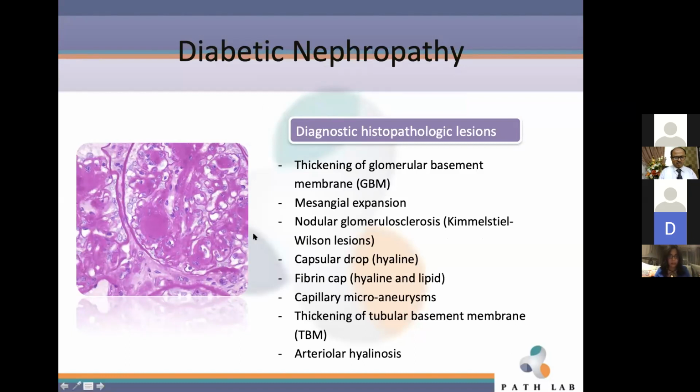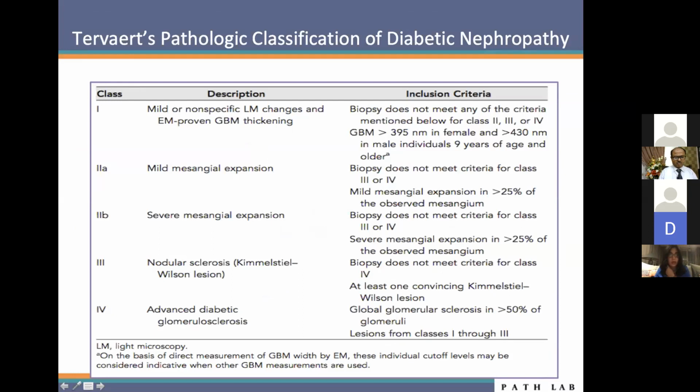Because of this, in 2011, Tervaert came up with a pathological classification of diabetic nephropathy. This classification has 4 classes, which I'm going to describe now, and they put criteria for what we should include in each class.